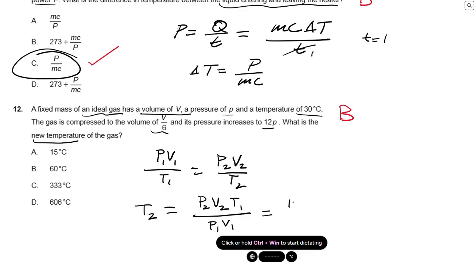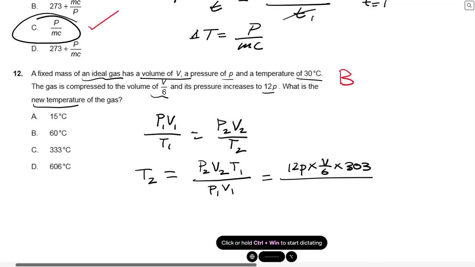So, pressure increases to 12P, so we have 12P times volume V over 6, and the temperature is 30 degrees, which is 30 plus 273, 303.